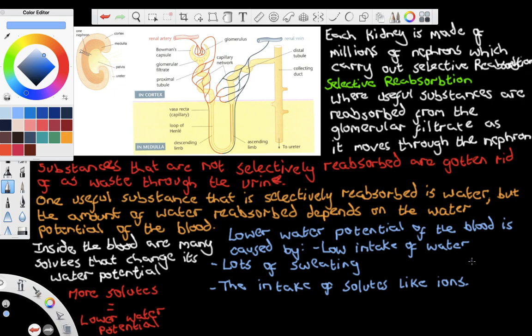Inside the blood there are many solutes that change its water potential. If there's more solutes, that usually means that there is a lower water potential and therefore a greater need for water. Lower water potential of the blood is caused by low intake of water, lots of sweating, and the intake of solutes like ions.